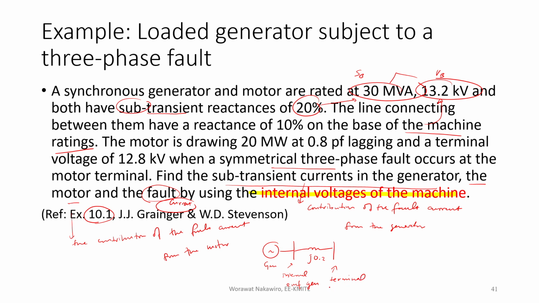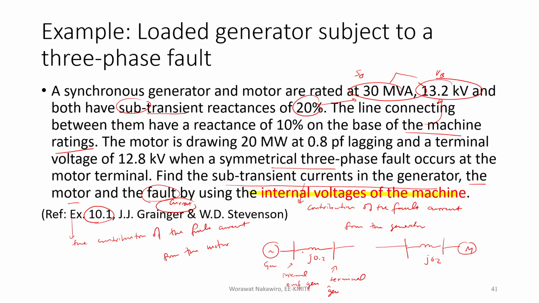of the generator, right? Then the problem says that this generator is connected to the motor. The motor also uses the same model, which is the voltage source behind the reactance, and of course with the same rating. So it's identical on both sides.